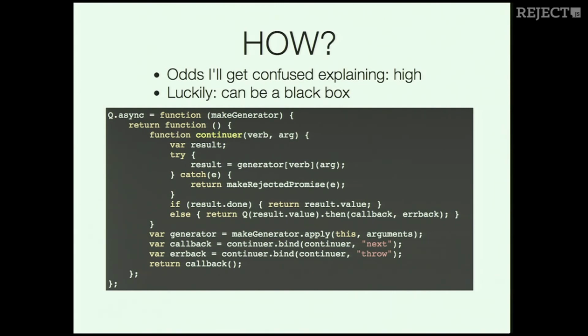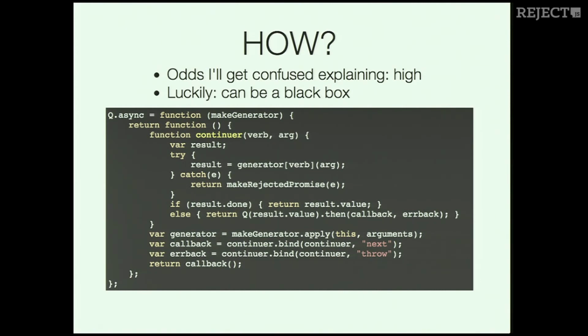OK, so we start off just by calling the callback, which is going to go into continuer. The verb's going to be next. It's going to ask for the next result of the generator, so it's going to run until it hits the first yield, and then give us back the promise. If we throw an error at this point, then it's going to return a rejected promise. It's fine. If the result's done, we're going to return the value of that entire process.